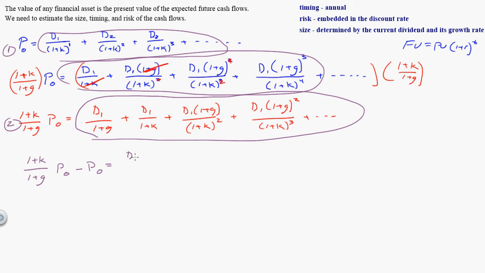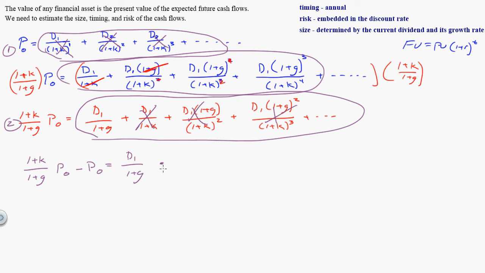Well, the D1 over 1 plus G here, there's a D1 over 1 plus K there, so those go away. D1 times 1 plus G over 1 plus K squared is the same as that, so that goes away. D1 times 1 plus G squared is the same thing as this over 1 plus K cubed. That goes away. So basically all this goes away and I'm left with just this.